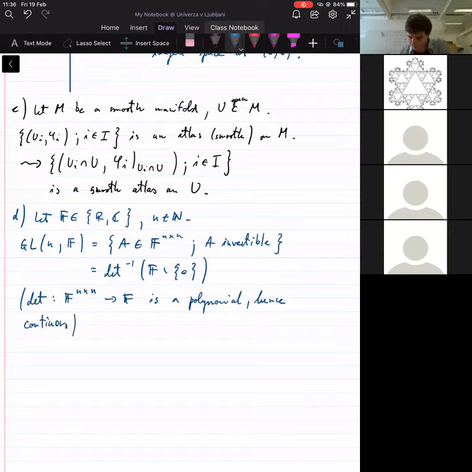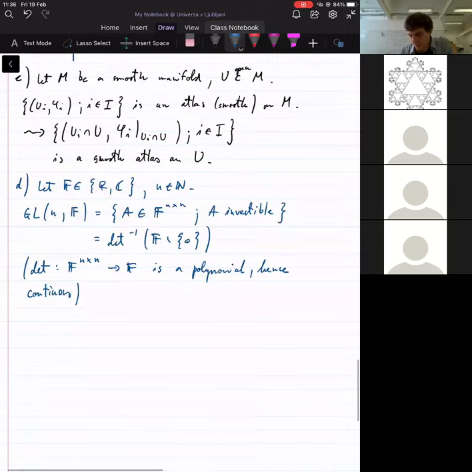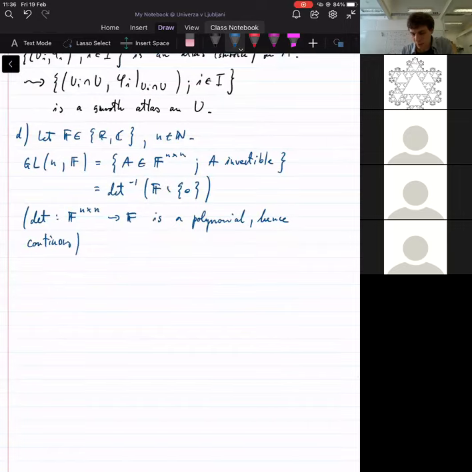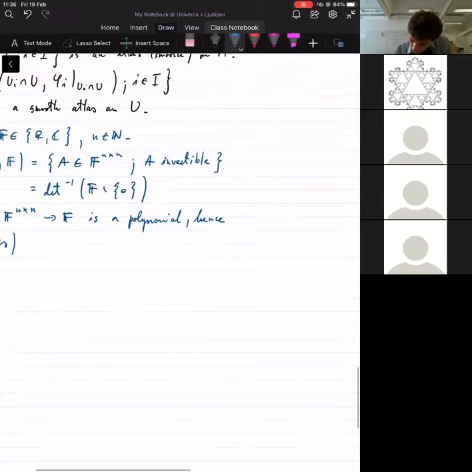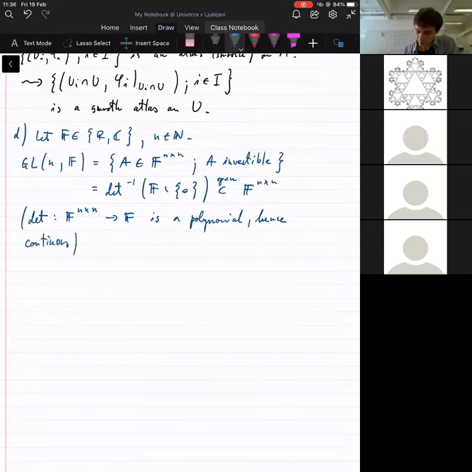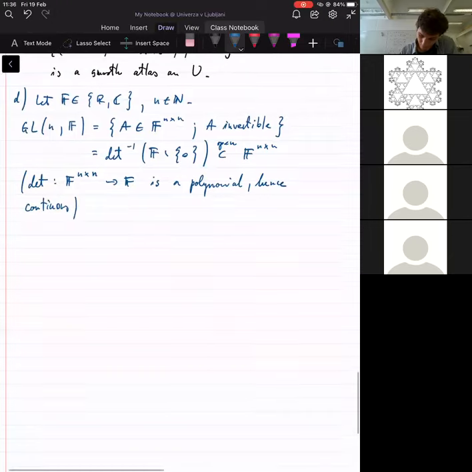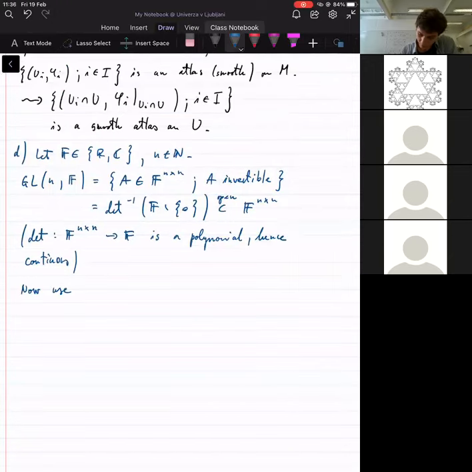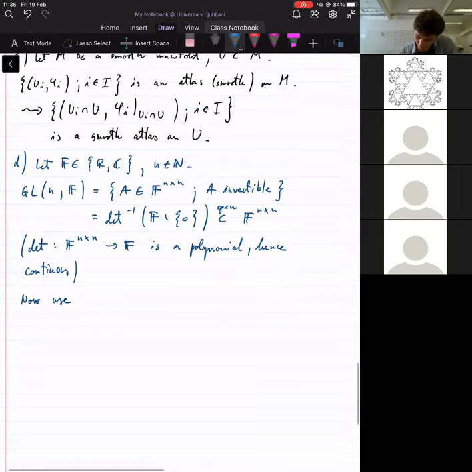Okay. So the determinant is continuous, and F minus 0 is an open set. So this means that this set here is open in the set F^(n times n). Okay. So now use F over C.